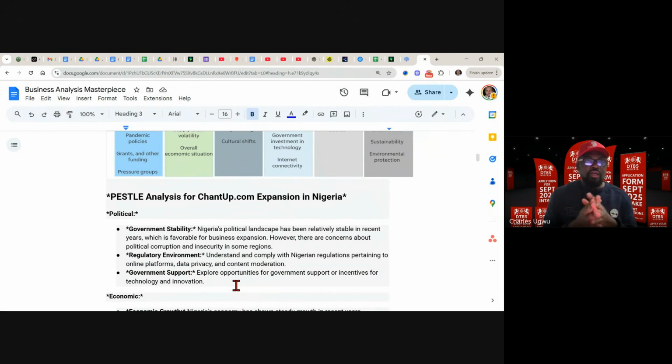But here in the UK, there's a grant, what they call tech for good. If you are working on a project, or on a startup or a product, and your product belongs to the tech for good category, then you are likely going to be able to access funding.